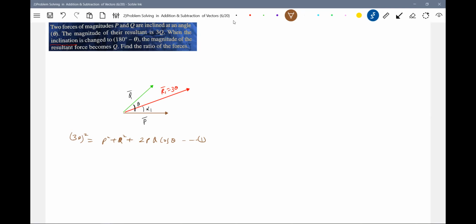Next, I'm going to change the inclination. The inclination means the angle between the vectors is going to be varied. So how much am I going to vary it? This is P. Now the angle will become 180 minus theta.